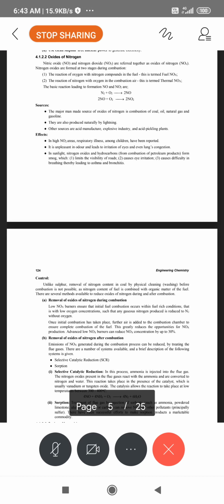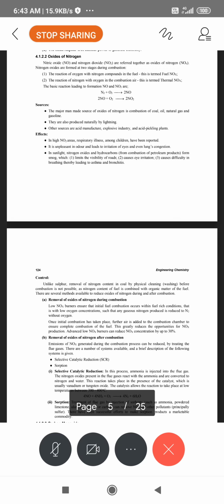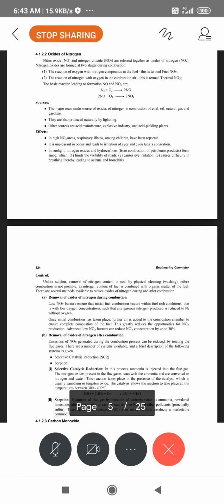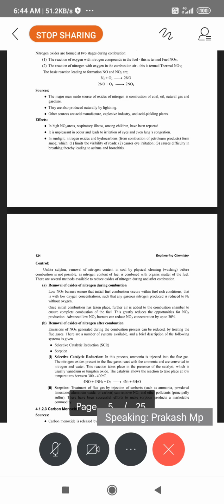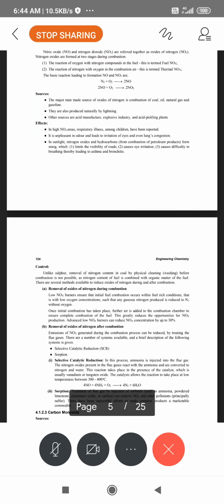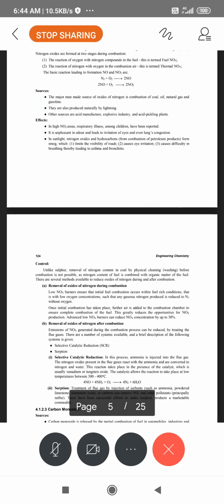The sources are automobile exhausts, acid rains, industrial plants, gasoline, volcanoes, lightning, explosives, acid pickling plants, the combustion of natural gas, and the combustion of producer gas.